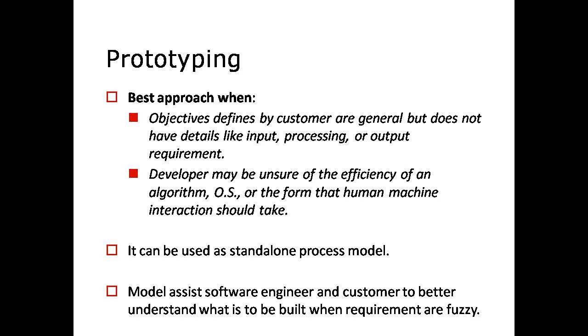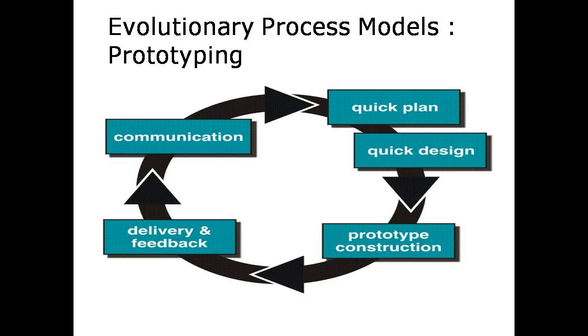Prototyping starts with communication between customer and software engineer to define the overall objective, identify requirements, and make a boundary. The software engineer listens to the customer carefully, and finally tries to establish prototype objectives.